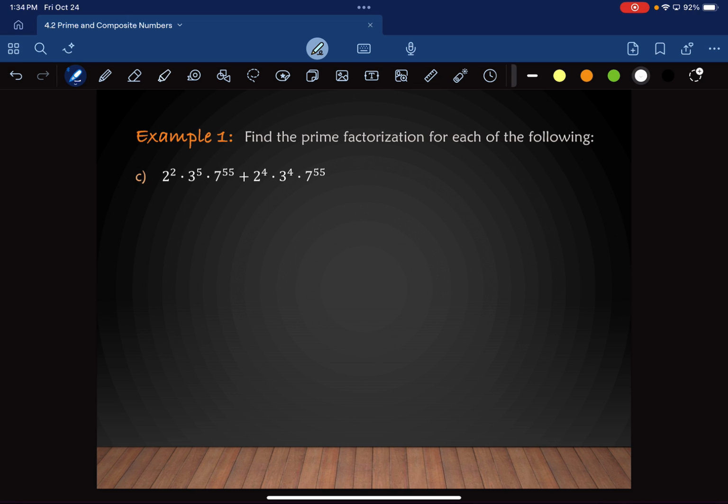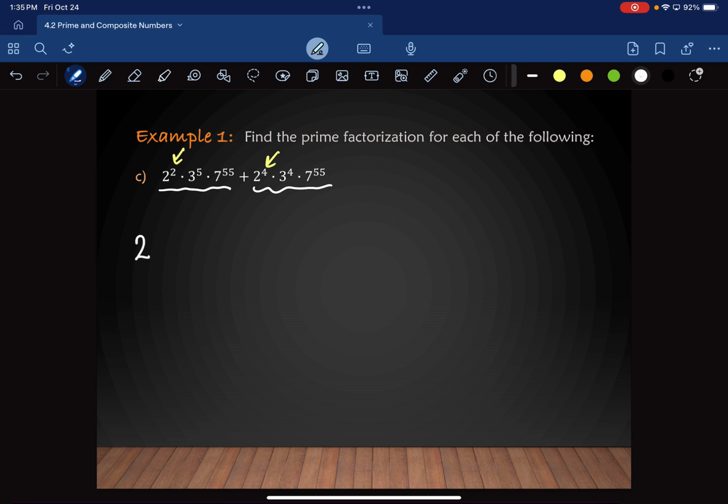Okay, this addition changes things. So what happens is that we actually need to look for what is factorable from the first piece and from the second piece. Another way of saying that is we can say, what do they have in common? So they both have a base of 2. Agreed? Okay. How many 2's do they have in common? Well, the first one has 2, and the second one has 4.